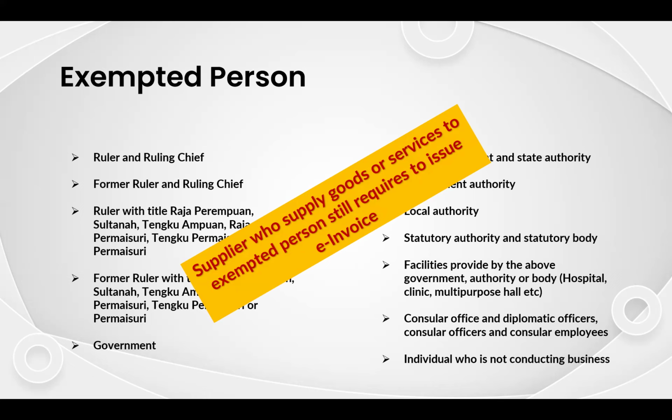But the government is exempted from issuing e-invoices. Exempted means they are not going to issue an e-invoice to you. But when you provide services or goods to the government, you need to issue an e-invoice to them. Got it? So these are different. It doesn't mean that because they are exempted, we as a business do not need to issue. We need to issue, but they do not need to issue to us. It's a separate way.